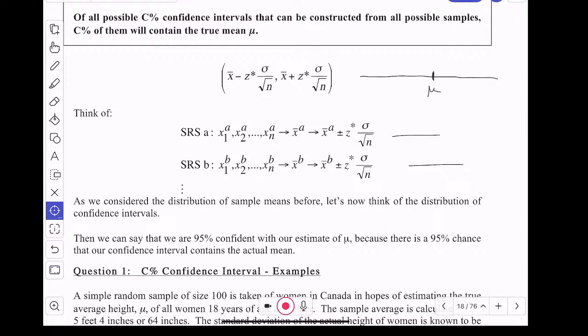It is the case by the theory that we've developed that if you create a 95% confidence interval, what it means is that 95% of those 95% confidence intervals will actually catch mu inside. So the chance is that you have a confidence interval that doesn't catch mu inside.